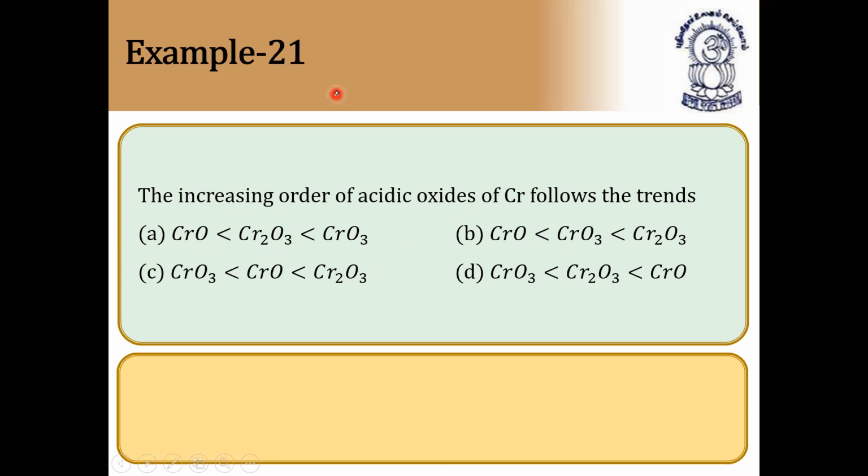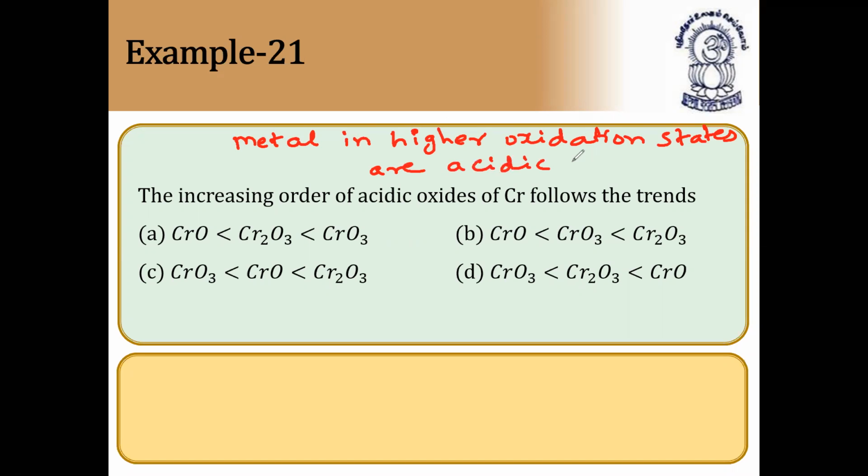Acidic oxide means, we already know, metals in their higher oxidation states are acidic in nature. So based on that, easily you can find out. So here chromium is plus 2, so it is less acidic. Then here it is plus 4.